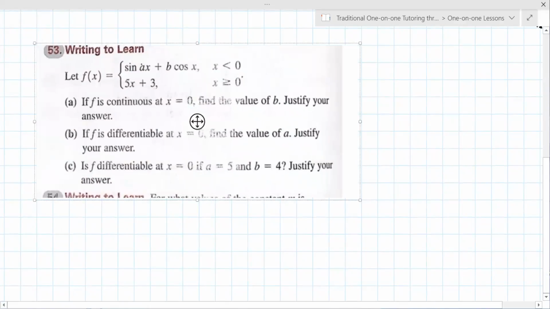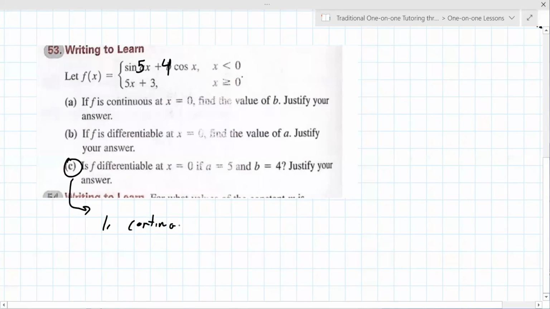If a equals 5, so that's 5x, and b equals 4, you first have to see if it's continuous. This is for part C. First, if it's continuous, then you would check differentiable, because if it fails continuous, you don't have to go any further. So to check continuous, you evaluate at x equals 0.